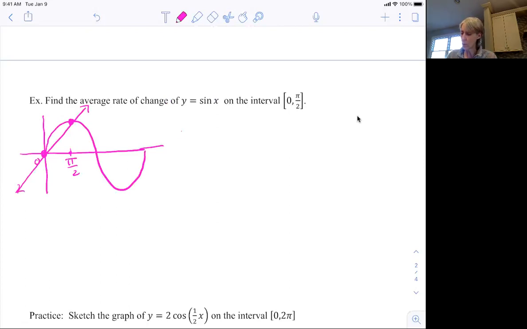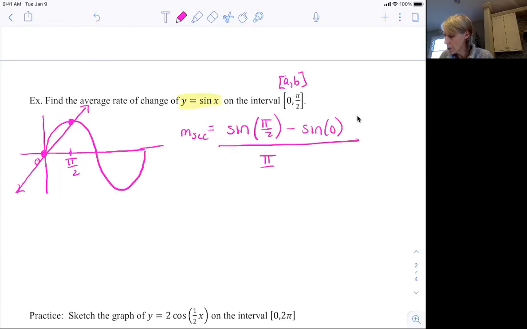So to set up our formula, f of b, since our function is sine x, my interval is from a to b. I'm going to plug in, so I'm going to find sine pi over 2 minus sine 0 over pi over 2 minus 0.